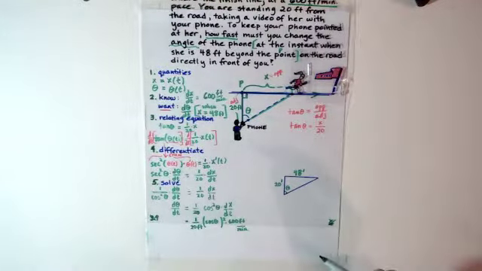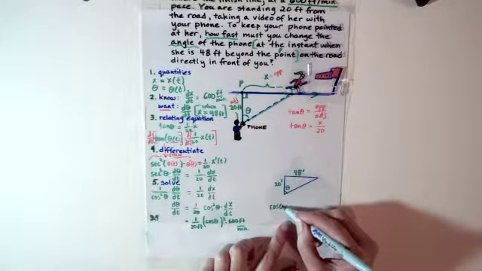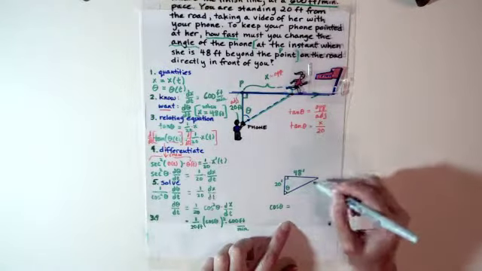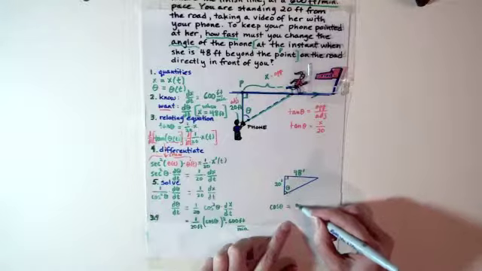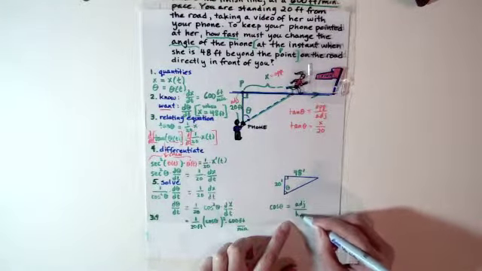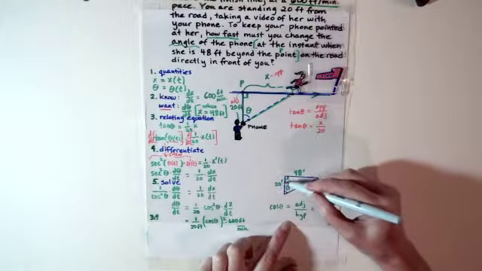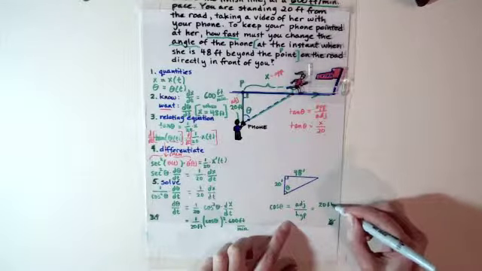So the question becomes, can I figure out what cosine of theta is at that instant in time? You might remember from right triangle trigonometry, cosine of theta is the side adjacent to theta divided by the hypotenuse. Well, I actually know the side adjacent to theta. That's this side, so that's 20 feet.